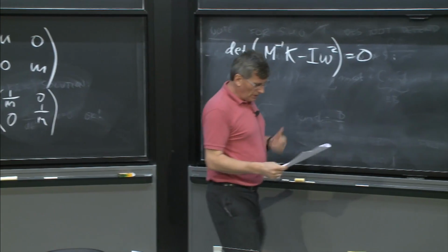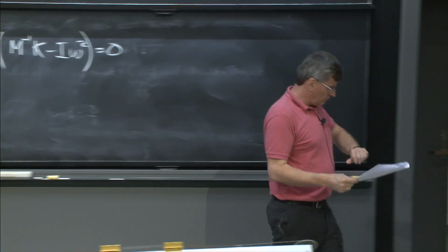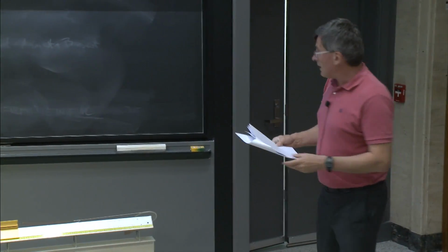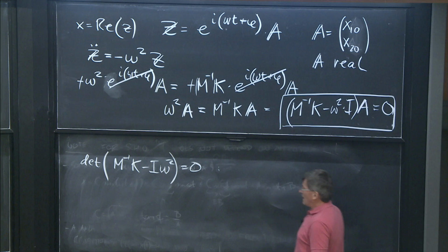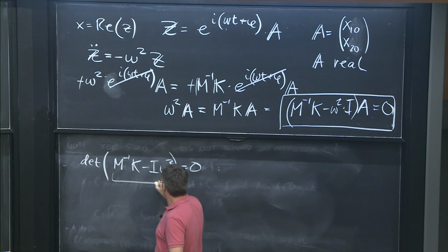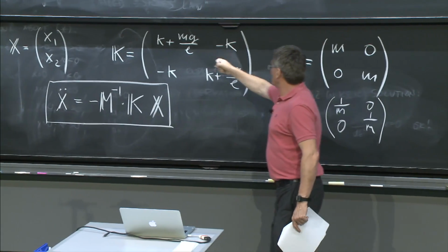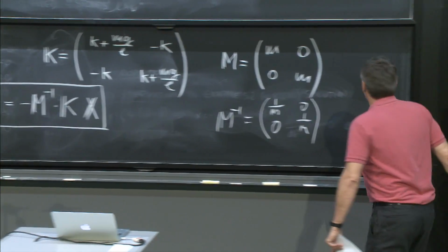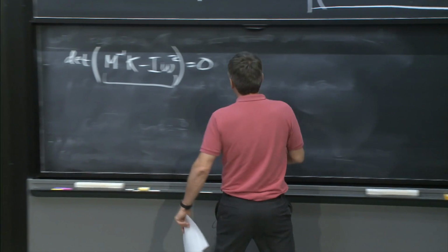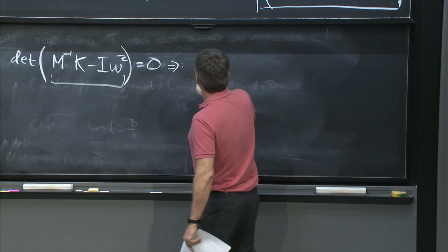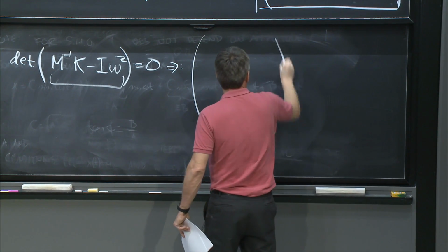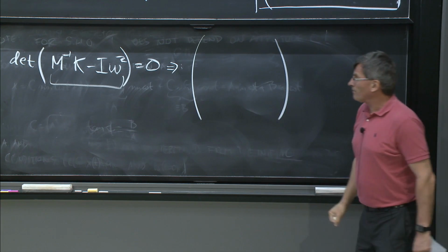So let's try to see how to calculate things. Let's write down this matrix explicitly using this and that. I take a big object like this.